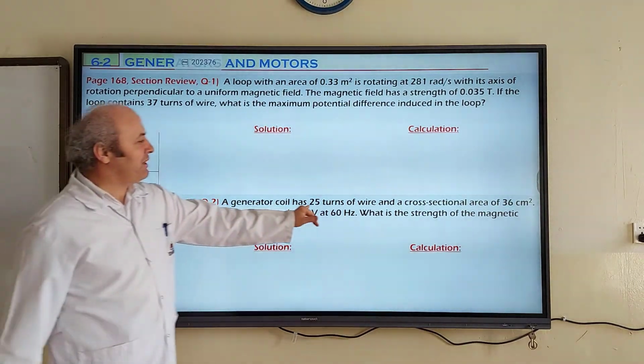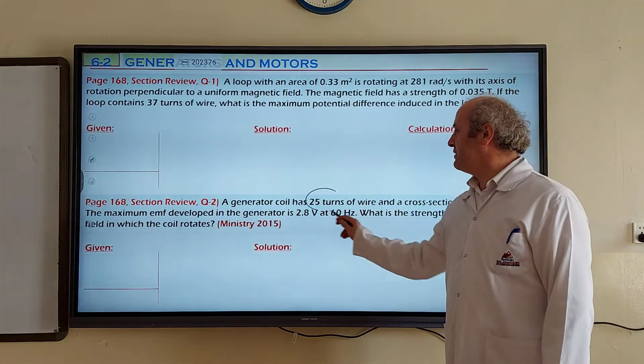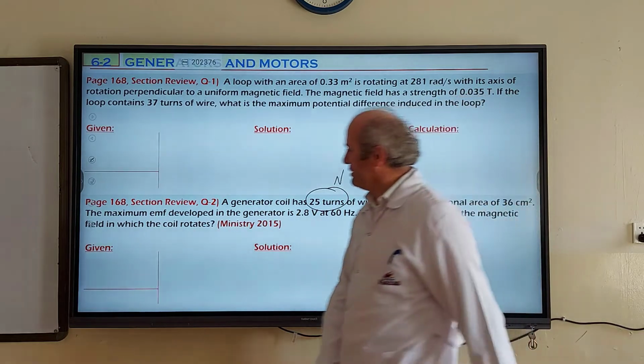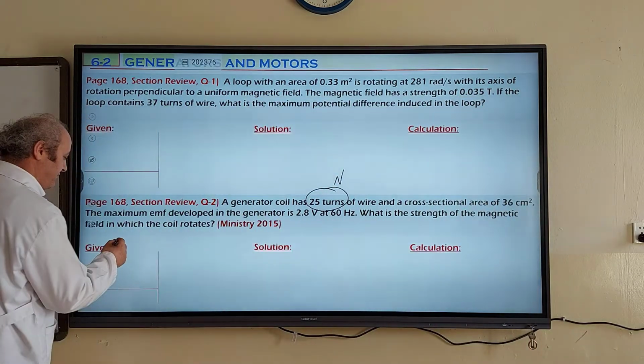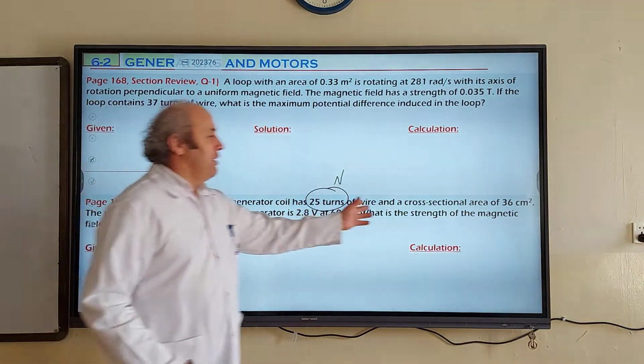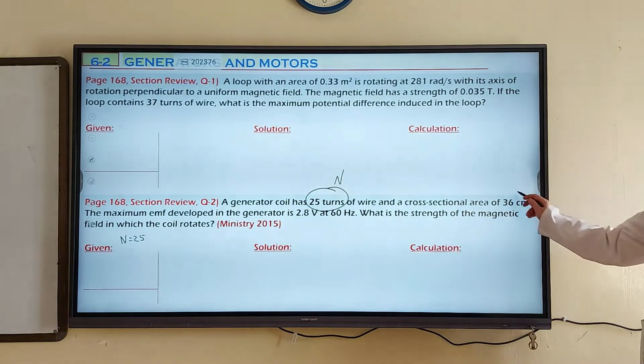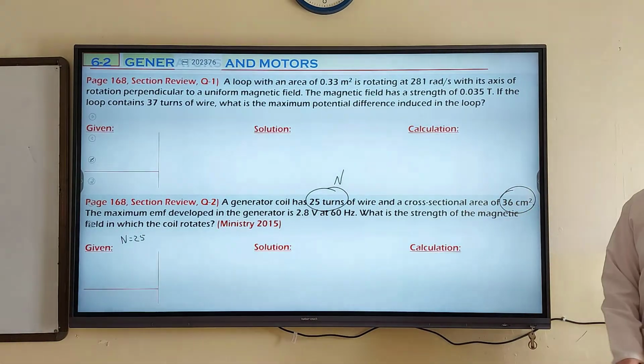A generator coil has 25 turns. This is N. Let's record it. N is 25. Go on. This coil has a cross-section area of 36 centimeters squared.